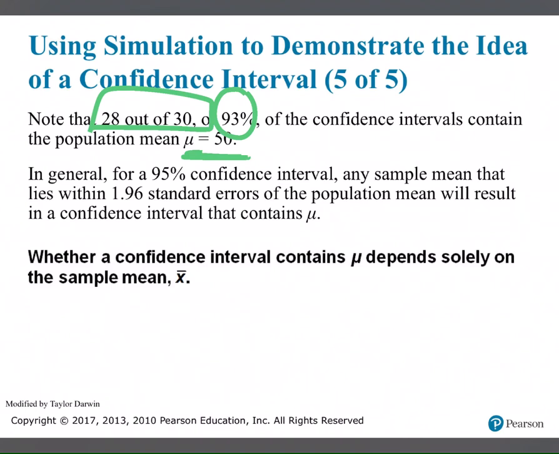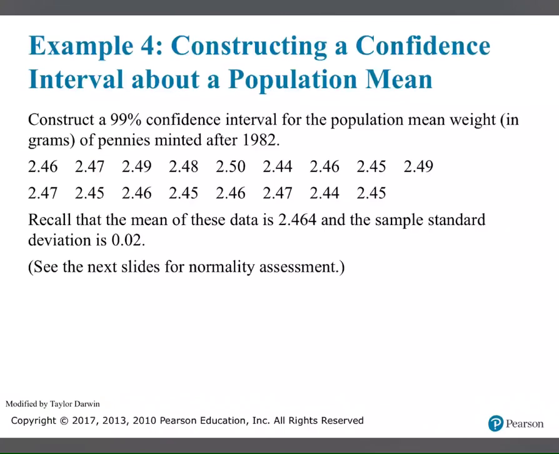And so in general, we can say for 95% confidence, any sample mean that lies within 1.96 standard errors of the population mean will result in a confidence interval that contains the mean, which is really what a confidence interval is. Again, if we were to do 100 of these, we would assume that 95 would capture the true population mean, and that alpha, or that 5% left over, would not capture the population mean.